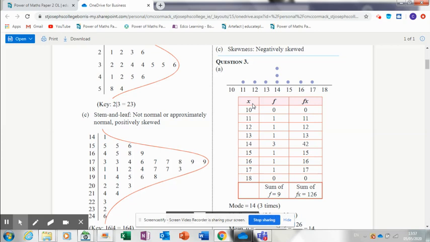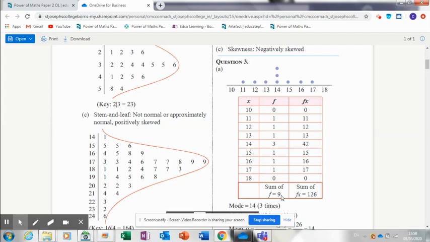You start there at 10, 11, 12, 13, 14. 10, there's no 10. 11 is there once. There's 1 dot at 12. There's 3 at 14 and so on. You get your fx. You multiply your frequency by your variable all the way down along. And you get the sum of your fx is 126. The sum of your frequencies is 9.